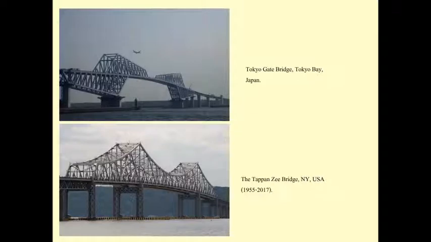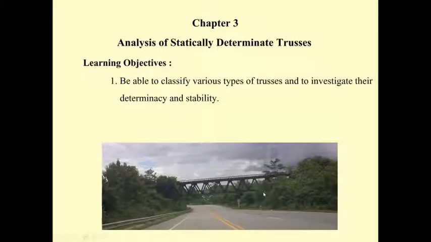It shows us that this kind of structure is very complex also. Being an engineer involved with this kind of project is an honor. I hope you guys will have this chance in the future. Okay, these are very big structures, and they are built using truss. We come to our study.